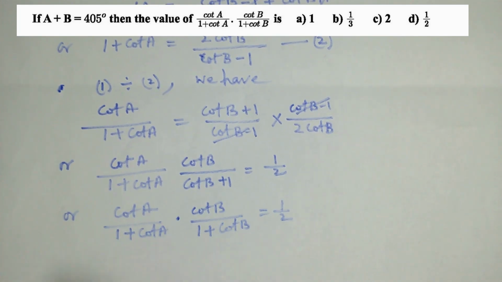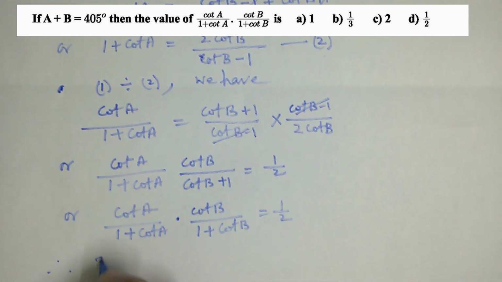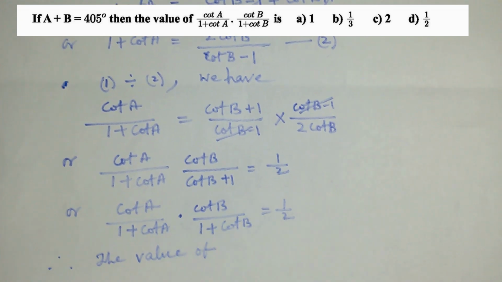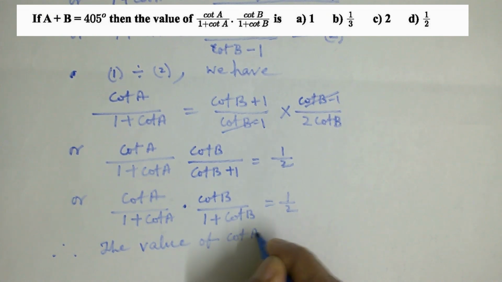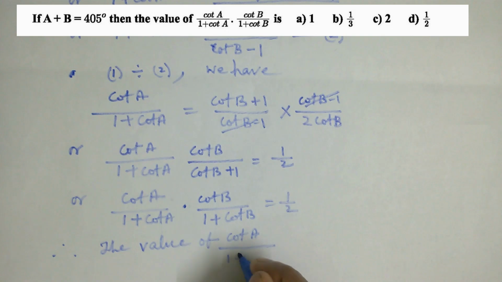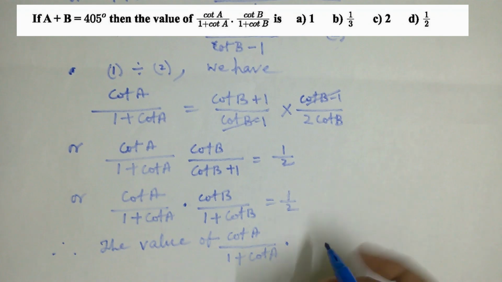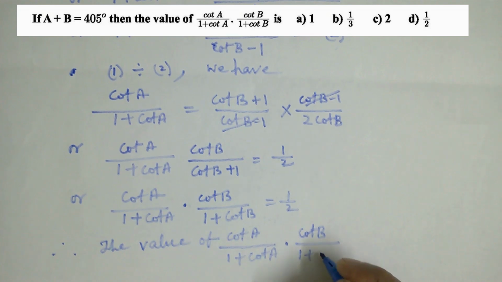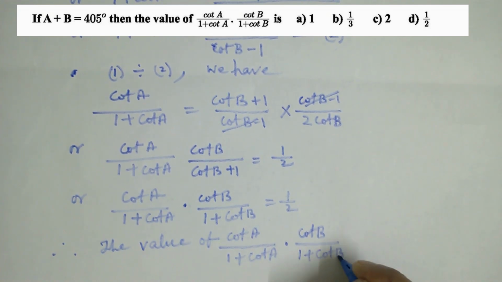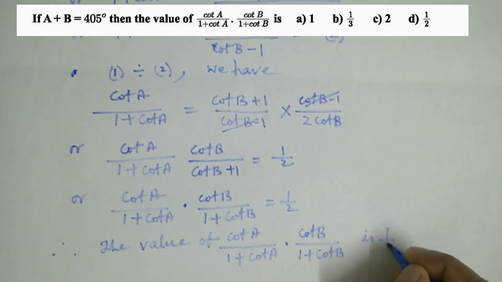Therefore the required value of cot a by 1 plus cot a into cot b by 1 plus cot b is half.